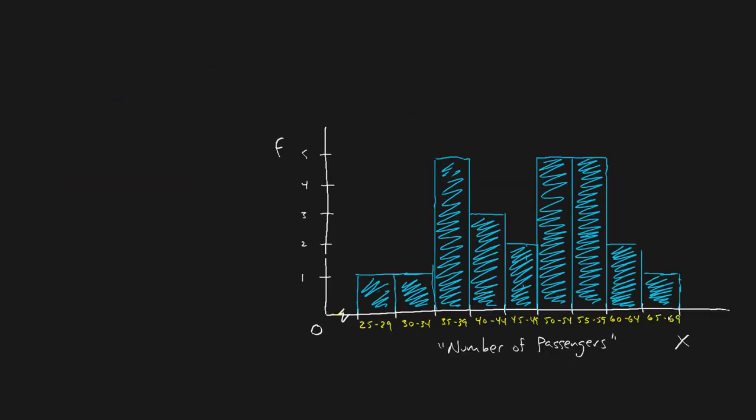Okay, so here's the histogram, and remember we are supposed to be commenting on whether or not it is symmetrical. Now, this doesn't look perfectly symmetrical. If I was to draw a line down the center of this distribution, in an attempt to find a line of symmetry, I guess I would put that right around here.